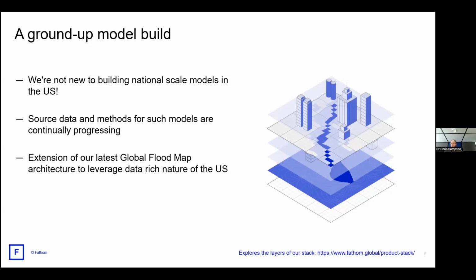Much of this progress was integrated into the model framework that we use to generate our new global data that was launched at the end of last year. However, the model over the US is really an extension of this, and it allows us to take advantage of all of the data richness that exists almost uniquely over the US.